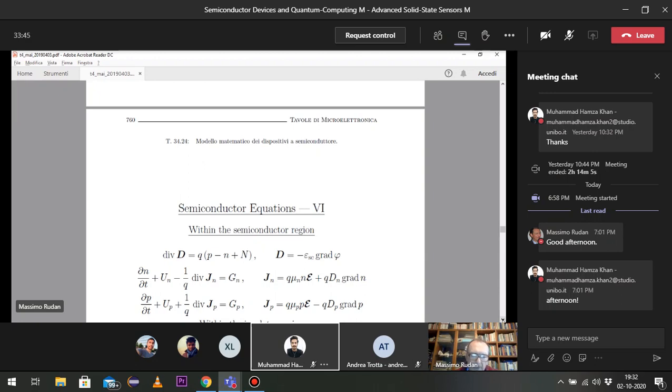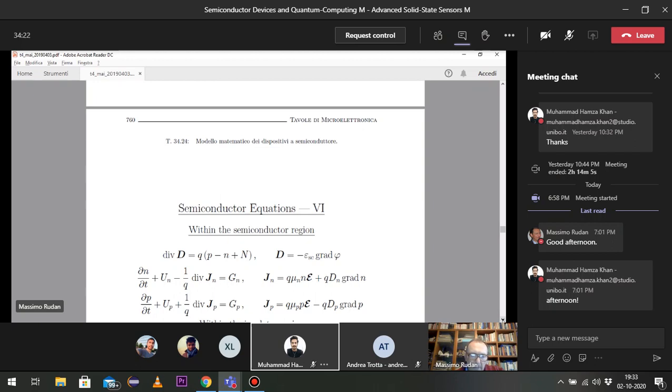Then we have the continuity equations and the drift diffusion transport equation. On the second line, you can see the pair of equations, the continuity equation and the drift diffusion equation for electrons. In the continuity equation, the original term Wn is split as Gn minus Un, and then Un is shifted to the left.